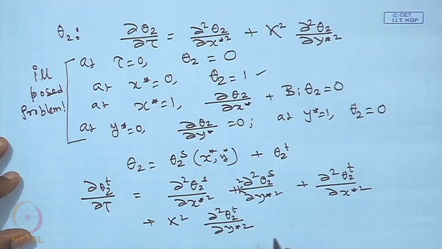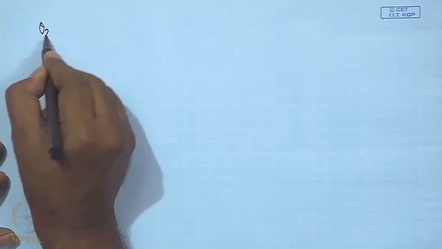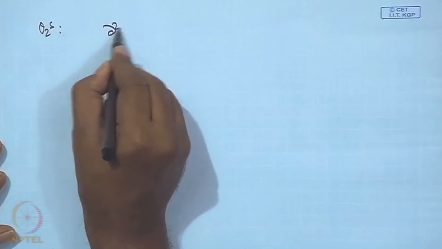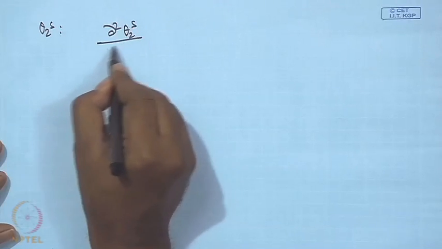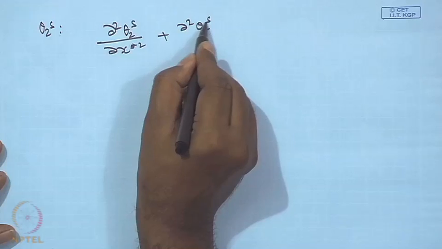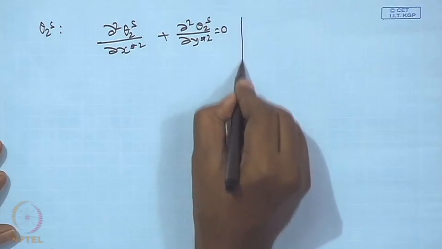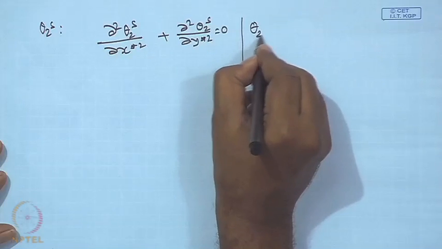So, we collect the similar terms and formulate the governing equation. First, we solve the steady state, we take the steady state part. The steady state part is del square theta 2 s del x star square plus del square theta 2 s del y star square is equal to 0, and next we formulate the theta 2 t.